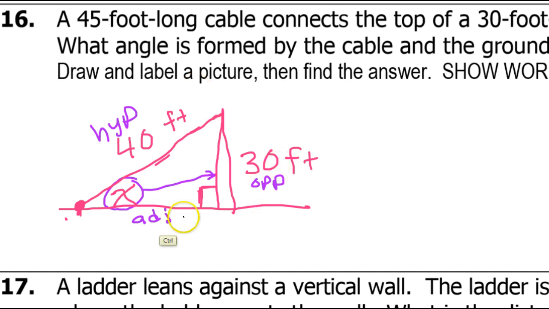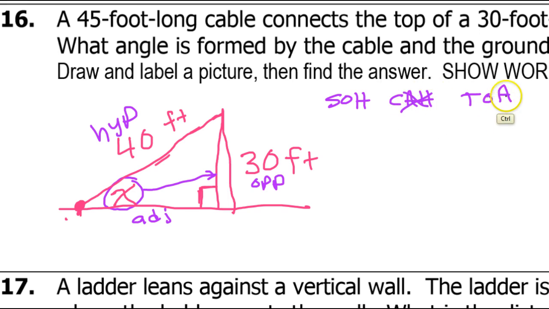Now, which one of these sides is not doing anything? Well, I forgot to write down Sohcahtoa. Sohcahtoa. Which one of these sides is not doing anything? The adjacent side. We're not given it and we're not looking for it. So see that A that stands for adjacent? Peace out.